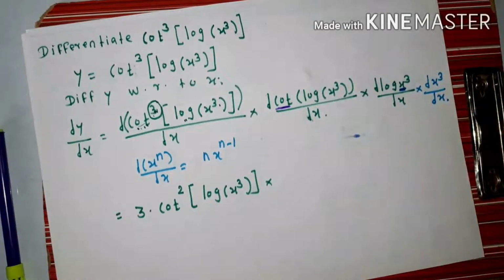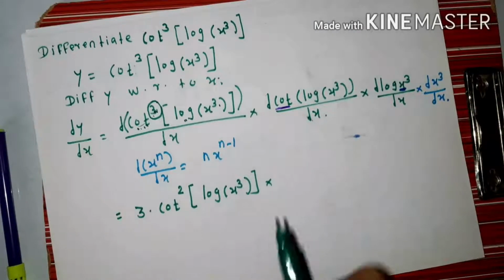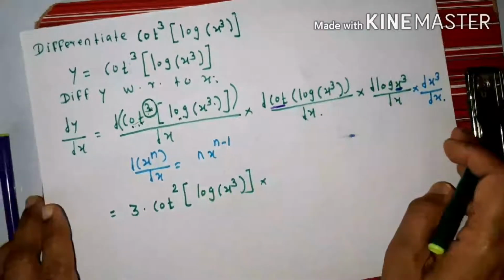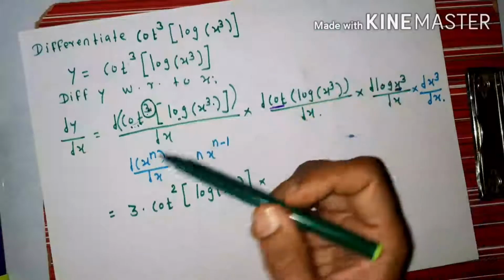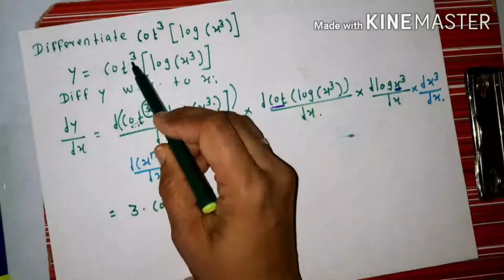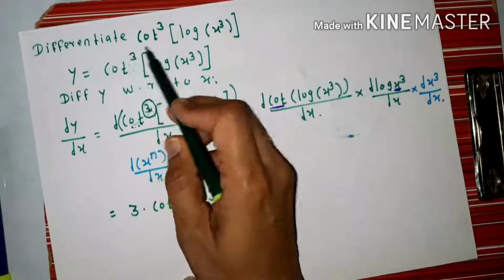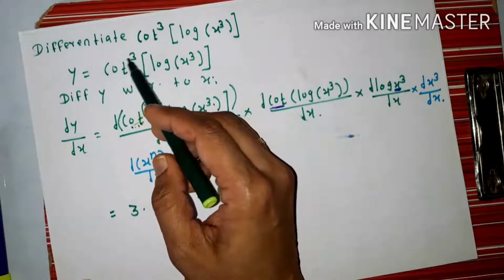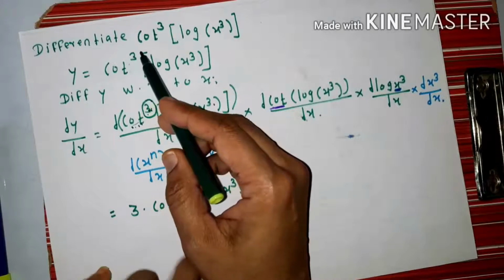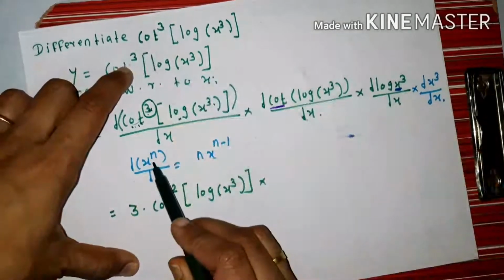See here student, the example is slightly complicated. So that is function of function 4 times. That means cot raised to 3, the power function, and it is the power function of the trigonometric function. That's why first we differentiate according to the power rule.